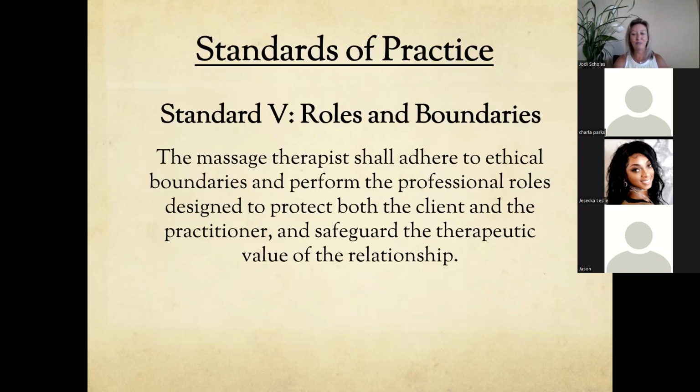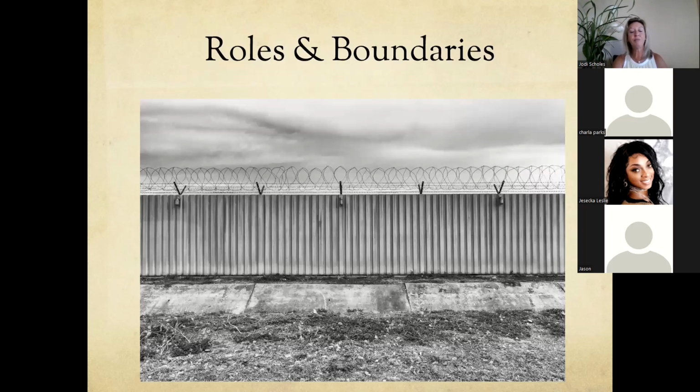All right, moving along. Next standard of practice. I told you this was good stuff, right? Next standard of practice, roles and boundaries. Ethical boundaries, a professional role, boundaries between you and the client. Let's talk about boundaries.